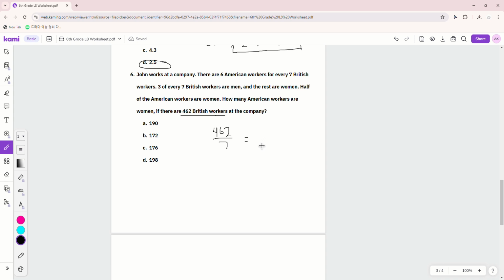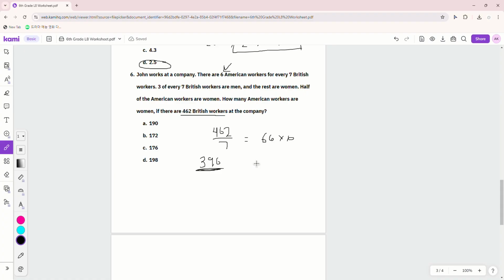So 462 divided by 7 is 66. So you would also multiply that by the American workers to get the same ratio. So 66 times 6 equals 396. So this is the amount of American workers at the company.